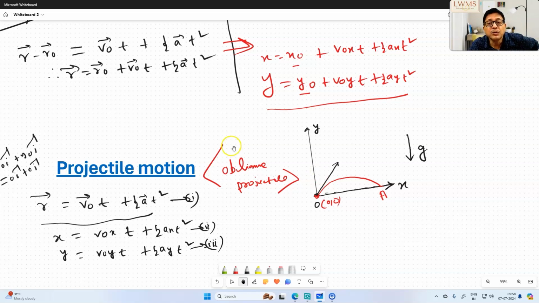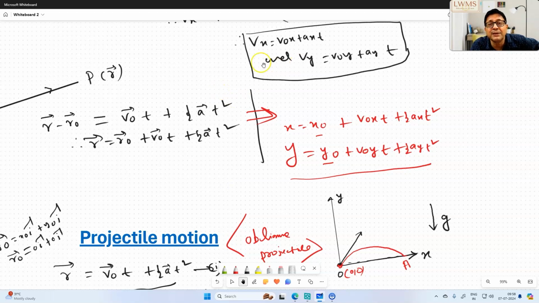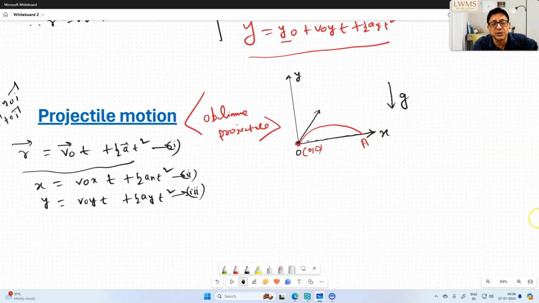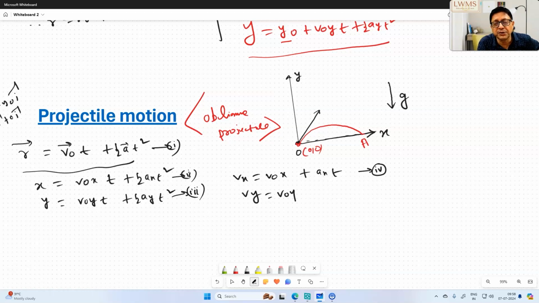Clear? And those velocity equations we have also written, vx and vy. Let us write those also. vx is equal to v0x plus ax into t. Number 4, vy equal to v0y plus ay into t. Why not the third equation? The third equation, v square equal to u square plus 2as, also has components.